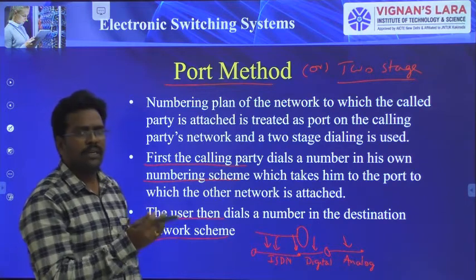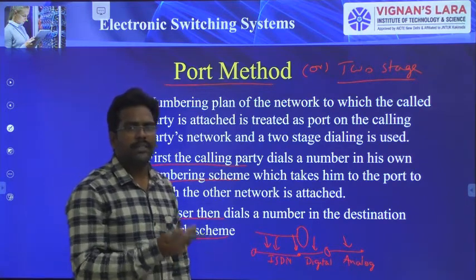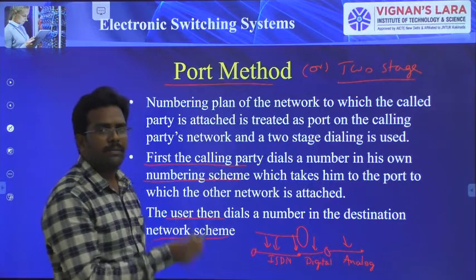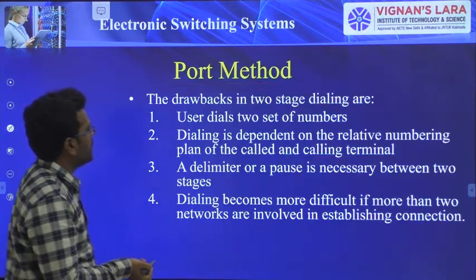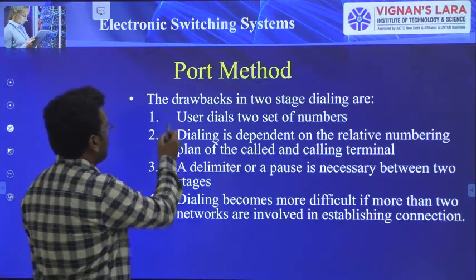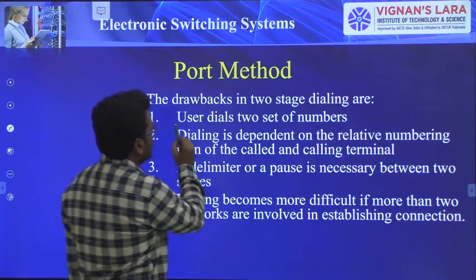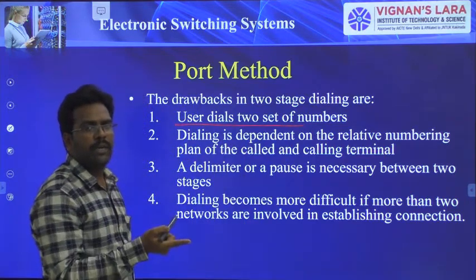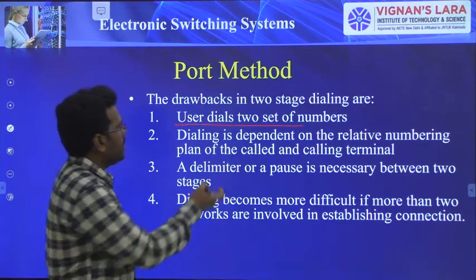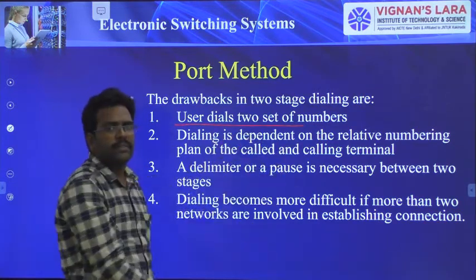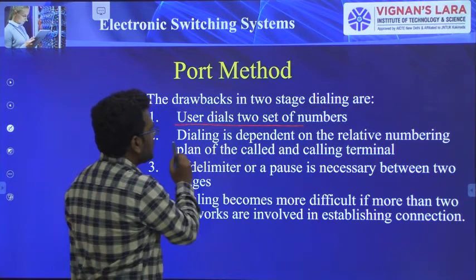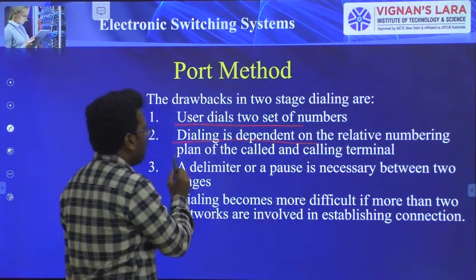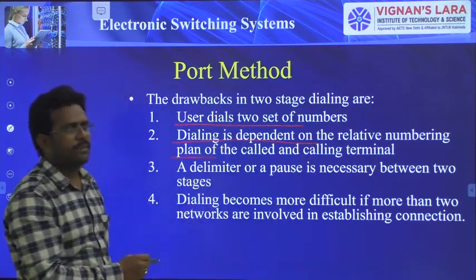So I have to use some delimiters or pauses in between to complete the number. Now see the process once again. The drawbacks in this method are that the user dials two sets of numbers if there are two networks. If it is three networks, they have to dial three sets of numbers. Dialing is dependent on the relative numbering plan of the called and calling terminal.